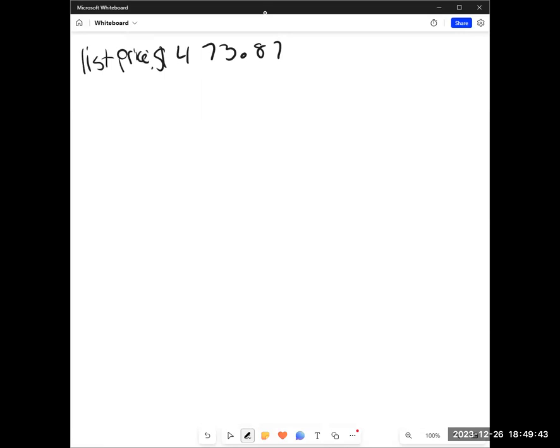And then during a sale, the TV is selling for, so the sale price is $384.49. Determine the percent decrease.